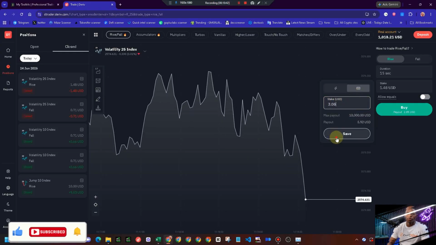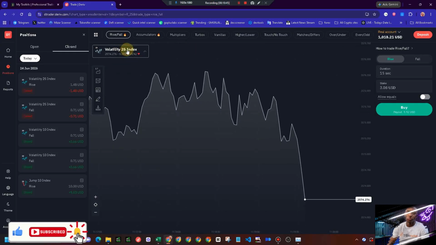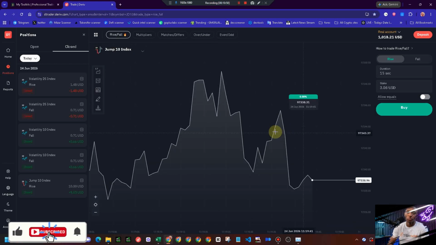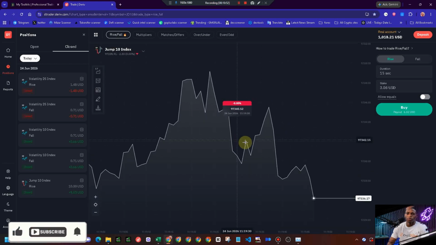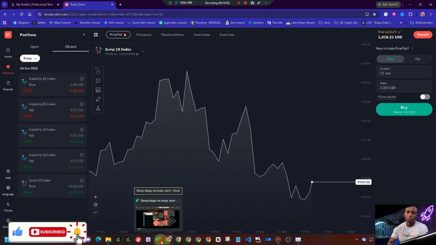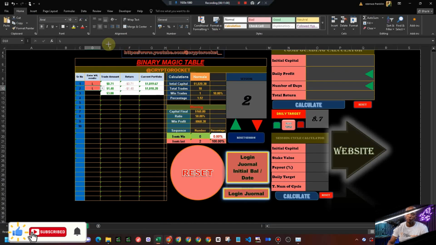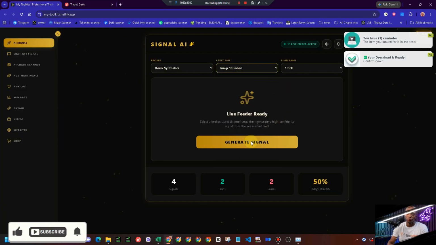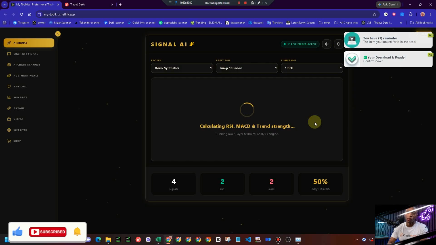So save, and I'll change this to jump 10. All right, so I've changed it to jump 10. So if we go to here, we have 3.08. Then we go to my website and select jump 10 and generate.